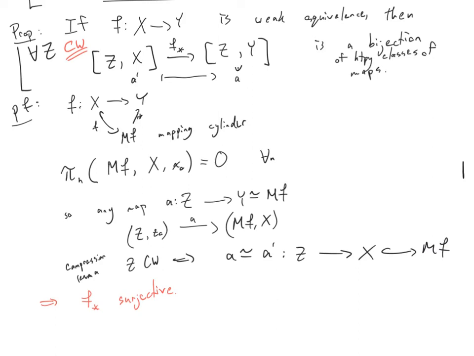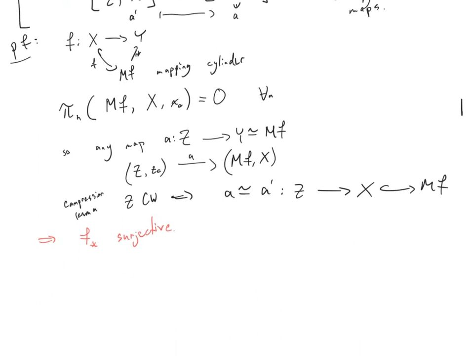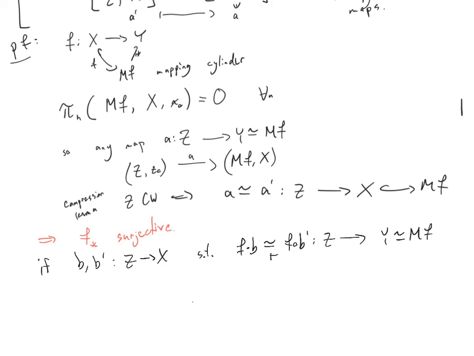So if B and B prime are maps from Z to X such that f of B is homotopic to f of B prime as maps from Z to Y, which we can replace by Mf, then what we can do is just pick a witness for this homotopy.